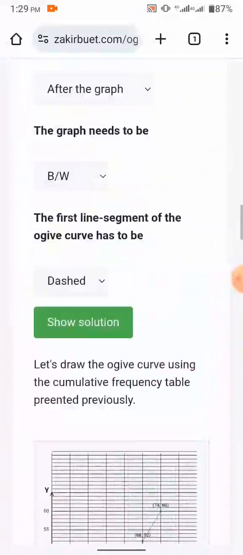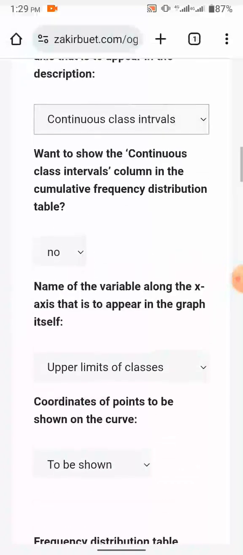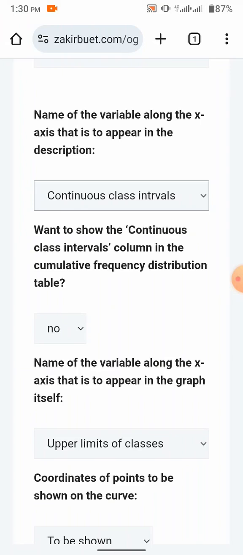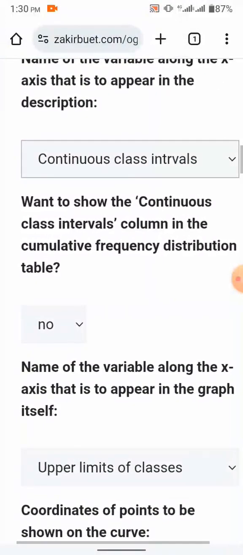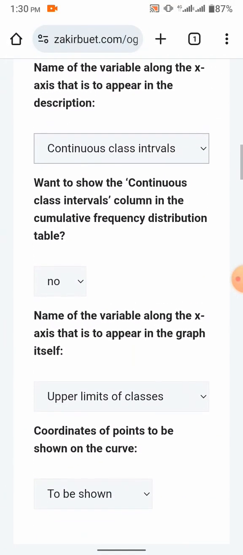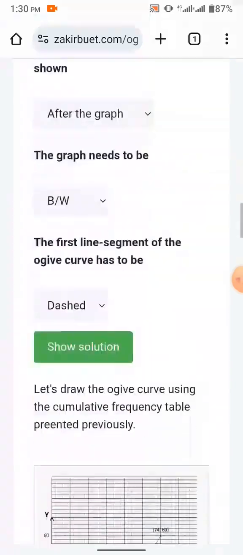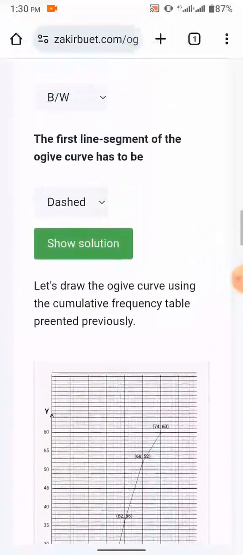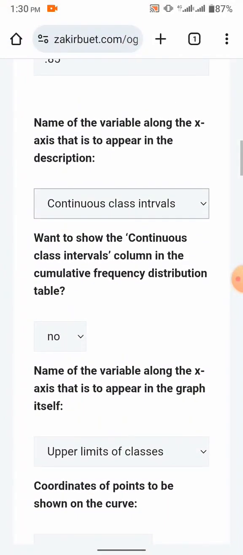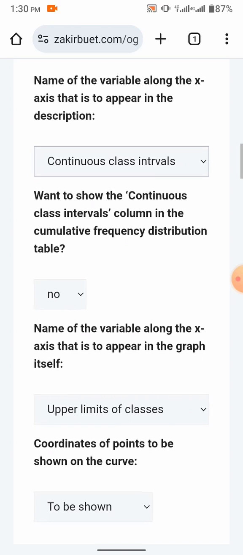In case of description, it is one thing, and in case of the graph itself, it is another thing. When continuous class intervals is chosen, you have this option: want to show the continuous class intervals column in the cumulative frequency distribution table. Currently, just a moment ago, I have selected no. And not only that, I also have vanished the table itself. So here it is.